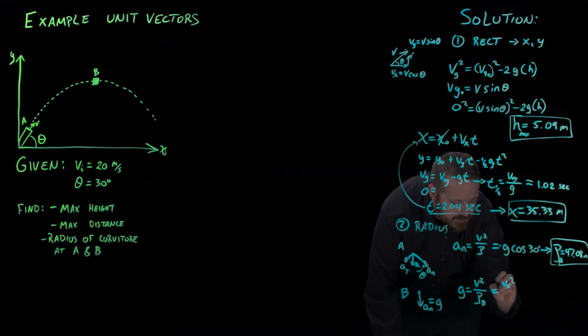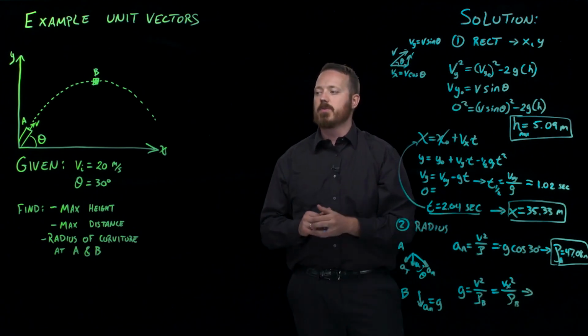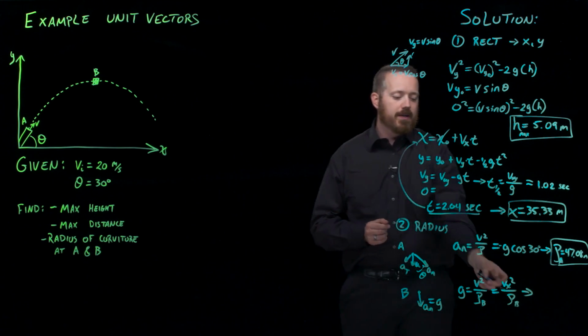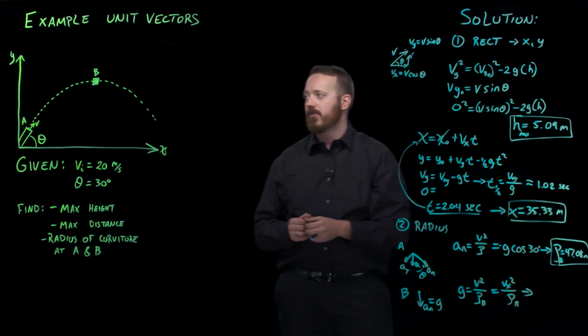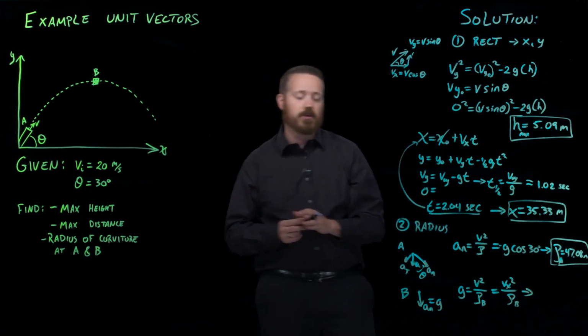Velocity in the x direction squared divided by our radius of curvature at B. And when you put the velocity of 20 times the cosine of 30 squared and then divide out gravity, you get that the radius of curvature is now about 30 meters, 30.5.